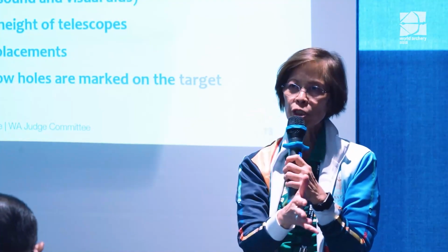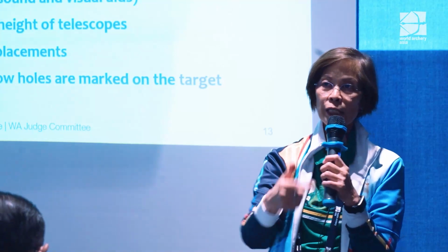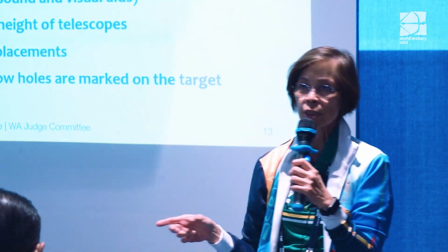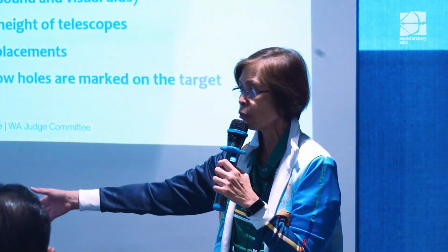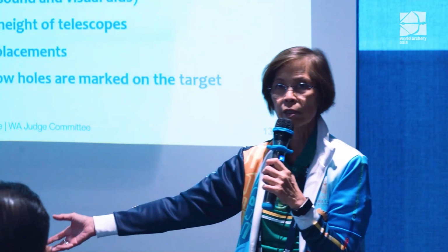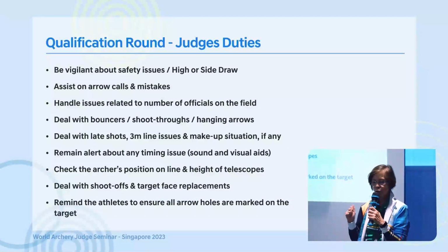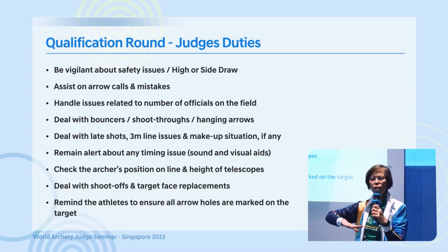So please check if your archers are there and if they are in the right position before everything starts. You do this to avoid problems later because they are in the wrong position or they are not there.